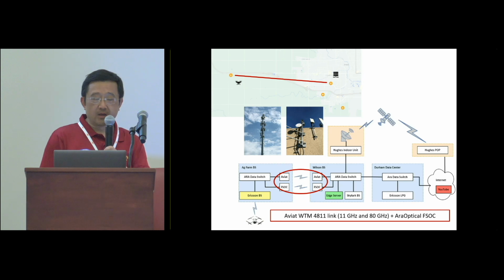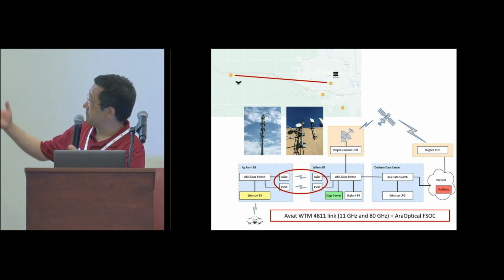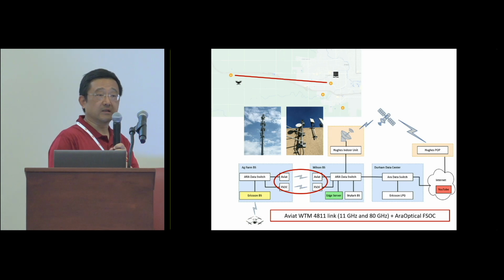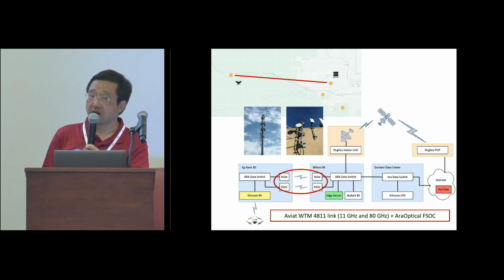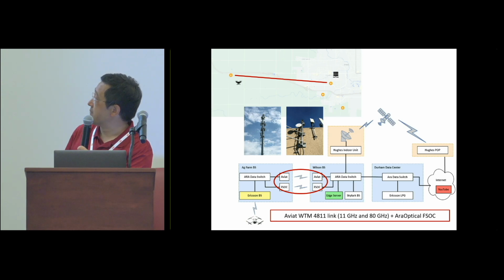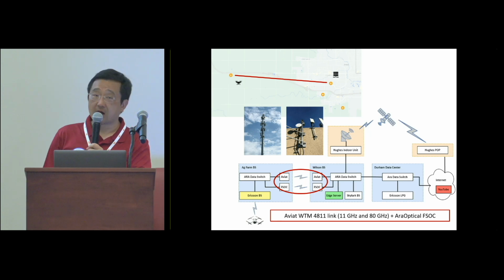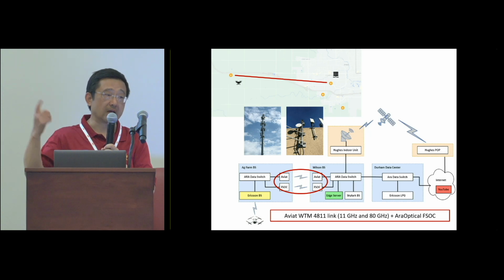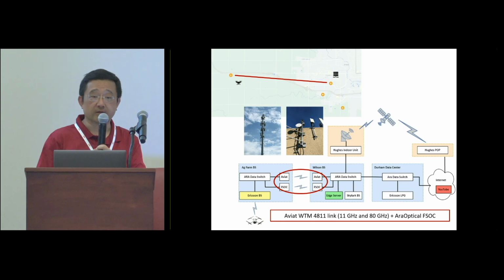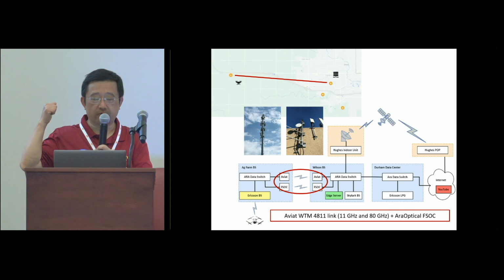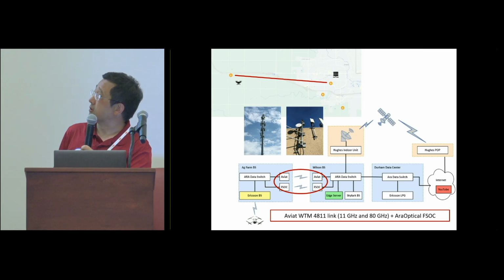The Era Hall part has three different types of links: the microwave and millimeter wave link that we are using, Aviat WTM radios, and we also have our own Era optical FSOC link as well, between the two base stations, from the pole to the rooftop.